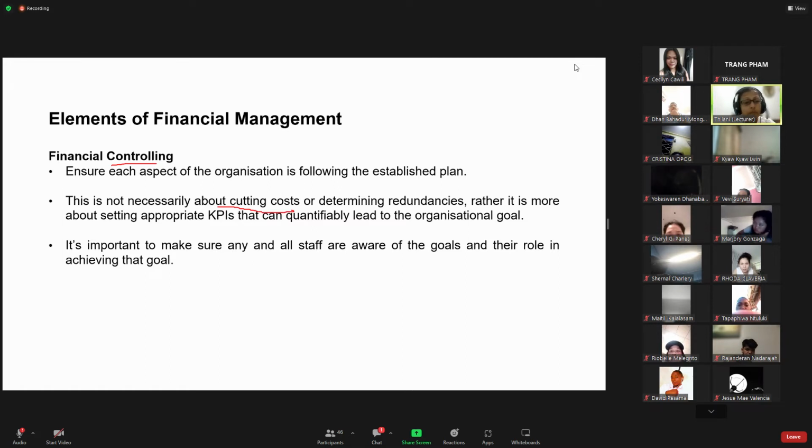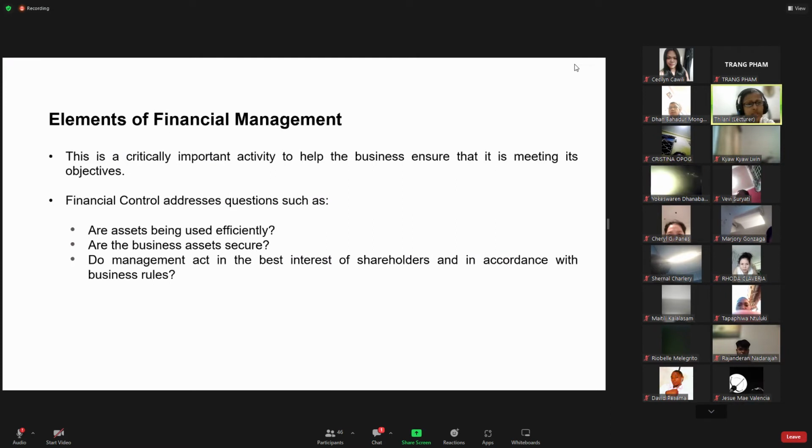It's also very important that you inform the staff about these goals and their role in achieving them, for example, what their responsibilities are. That's part of the controlling process. It's not about cutting cost and getting rid of paper.